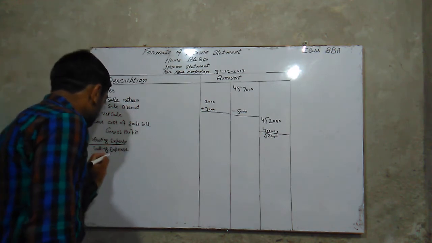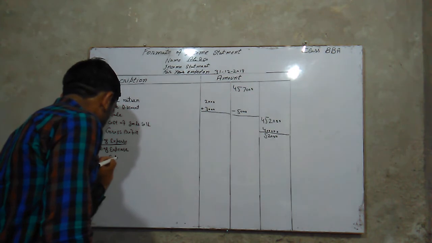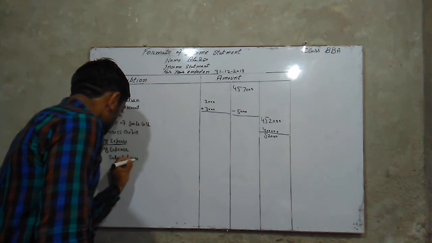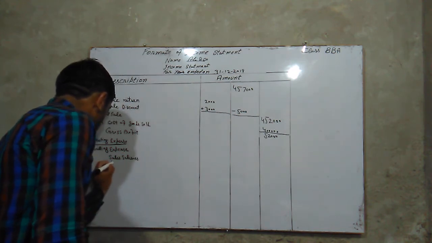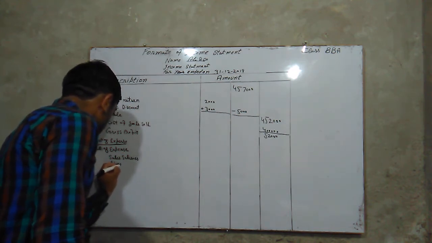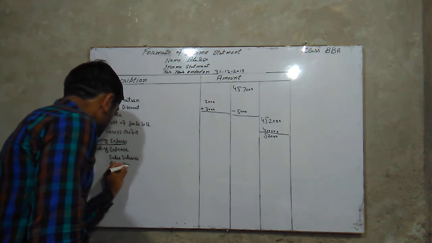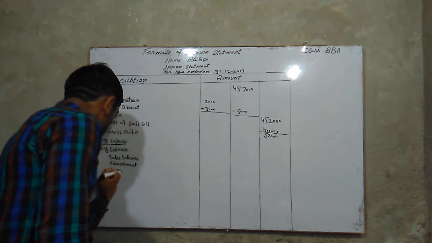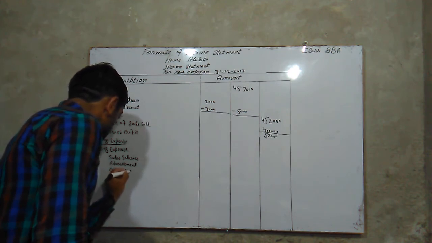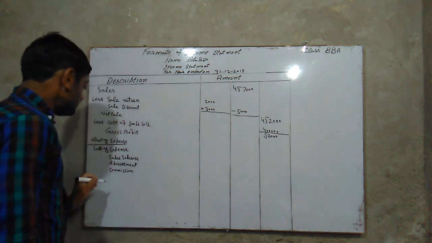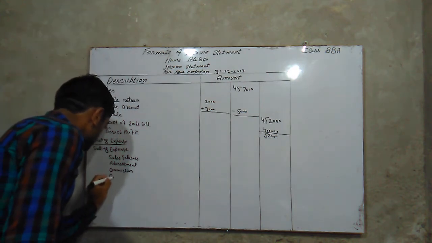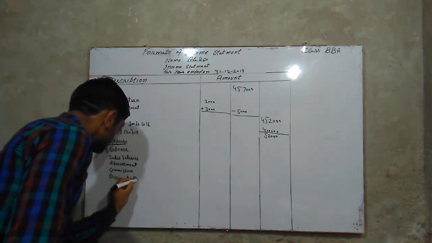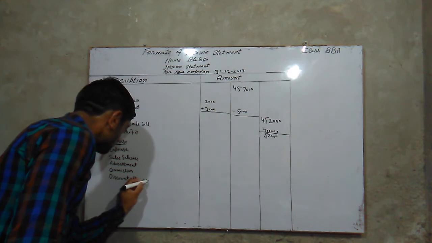Selling expense includes sales salary, advertisement, commission, discount allowed, discount payable. That is our selling expense.